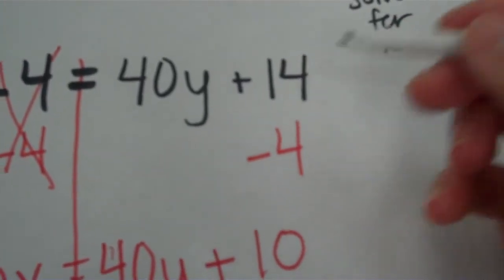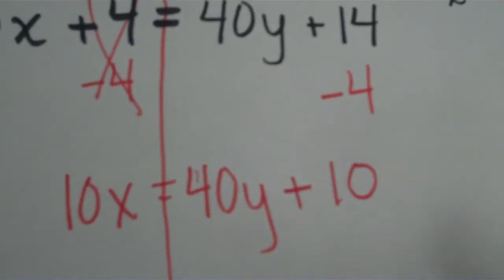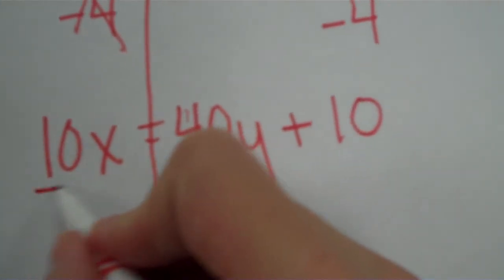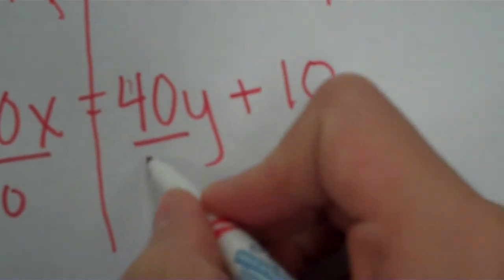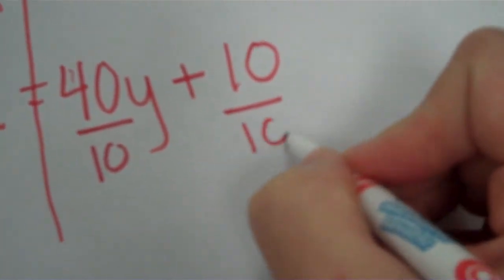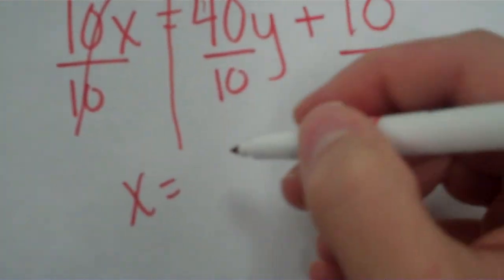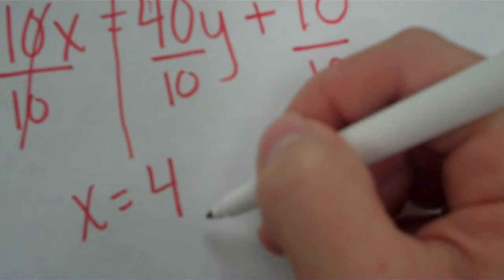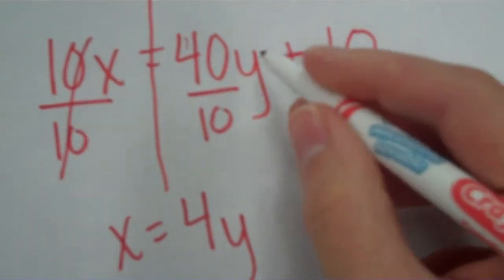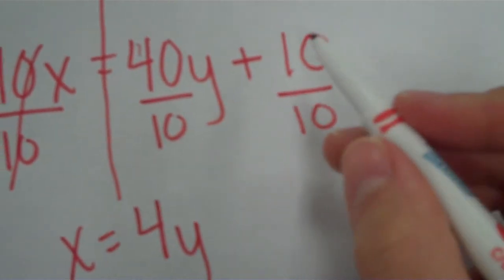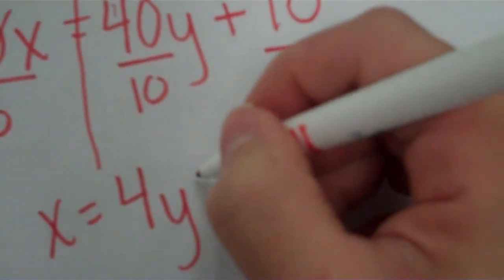Then I have to get rid of best friend, so I divide by 10. Okay? 40 divided by 10 is just a 4. Don't forget your letter, the y. A lot of y'all will forget to write your letters. Be very careful there. And then positive 10 divided by 10 is a positive 1.